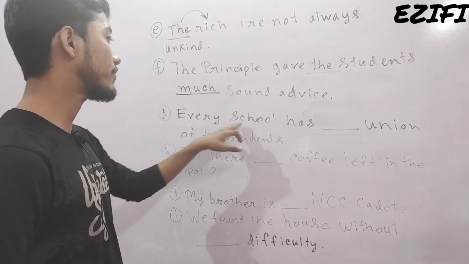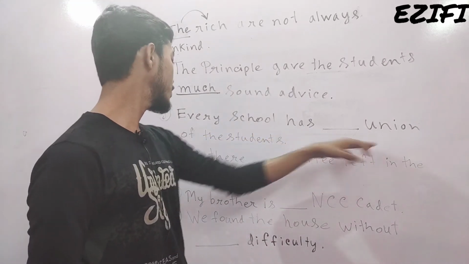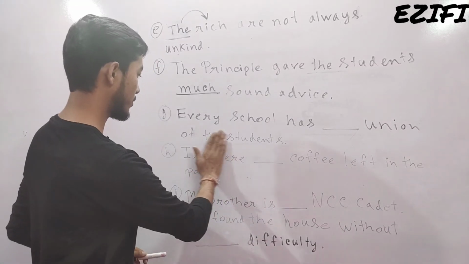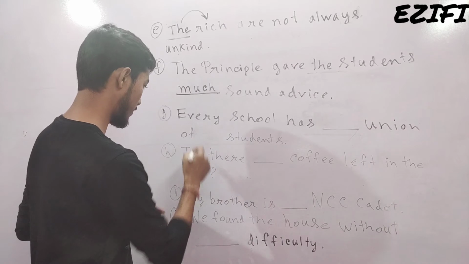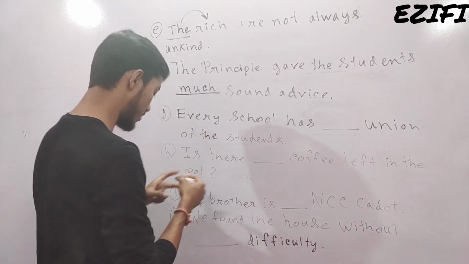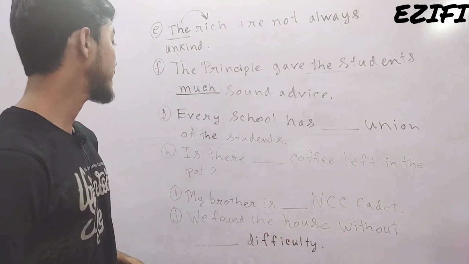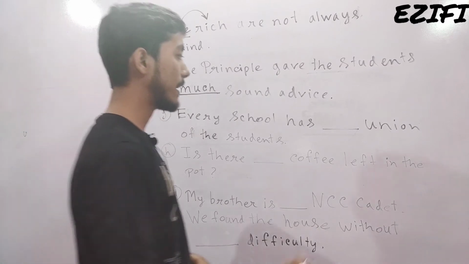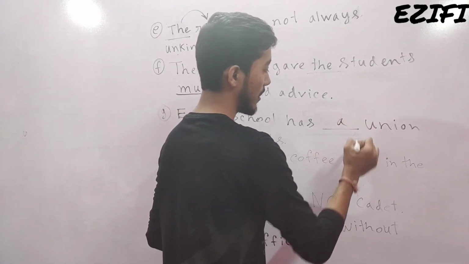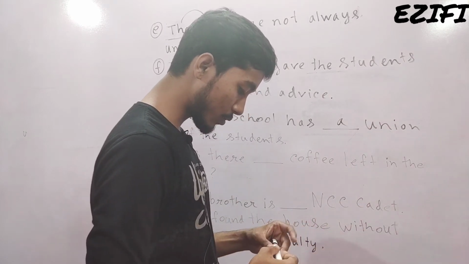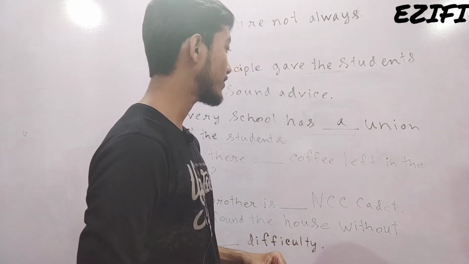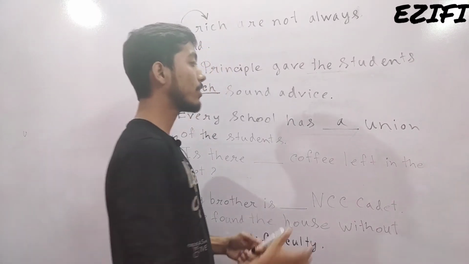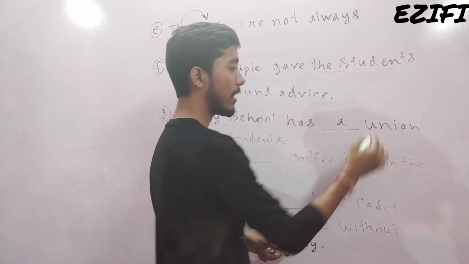Next question. Every school has dash union of the students. Every school has a union of students. Those who are thinking of the answer an are gravely mistaken, because we cannot write an here.